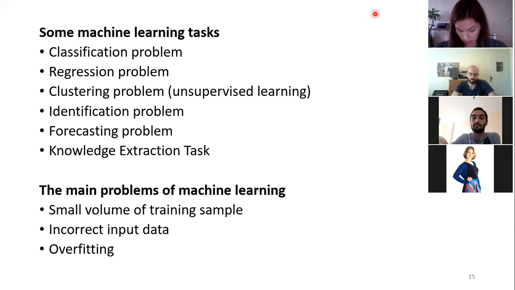And the third problem comes from the first: overfitting. If you have a small data set and you are trying to train your model on, I don't know, 100 patients, it means that this model will see not general dependencies in data, but only this case of 100 patients.